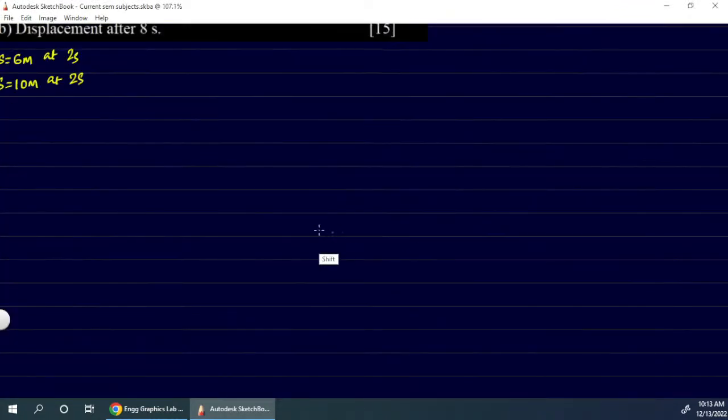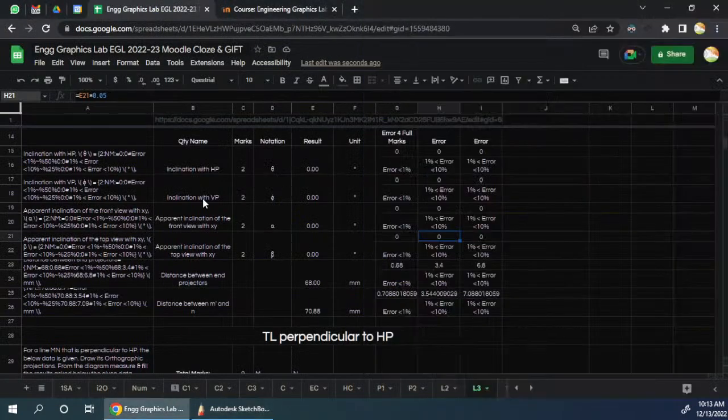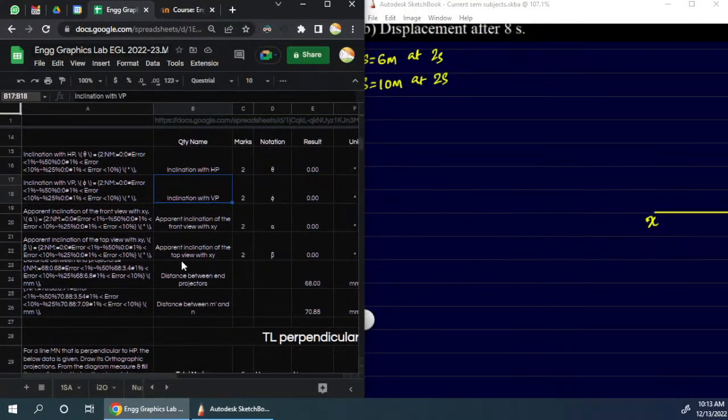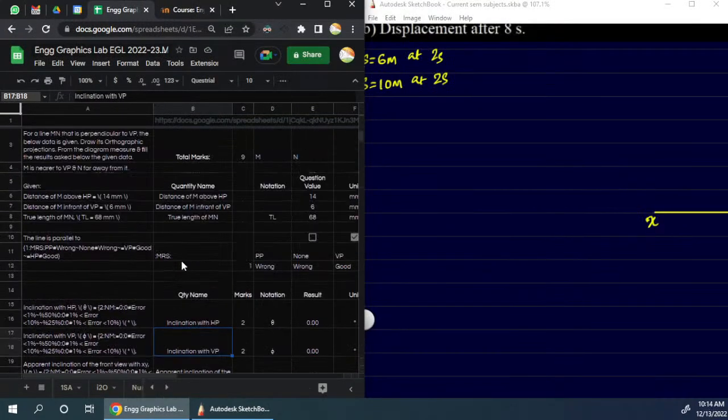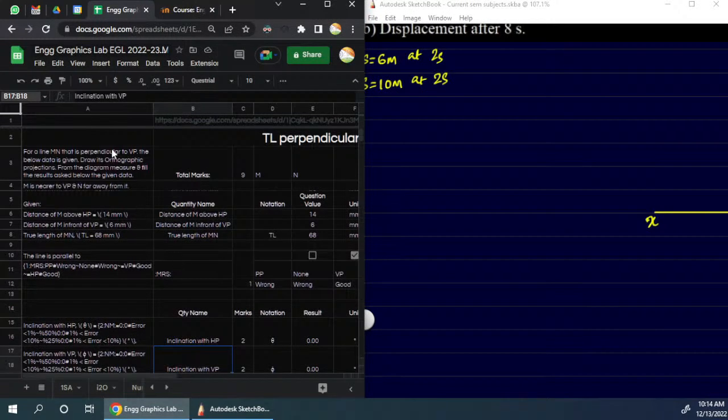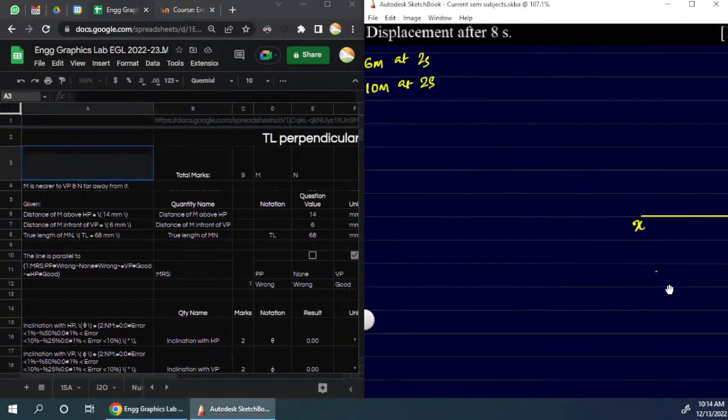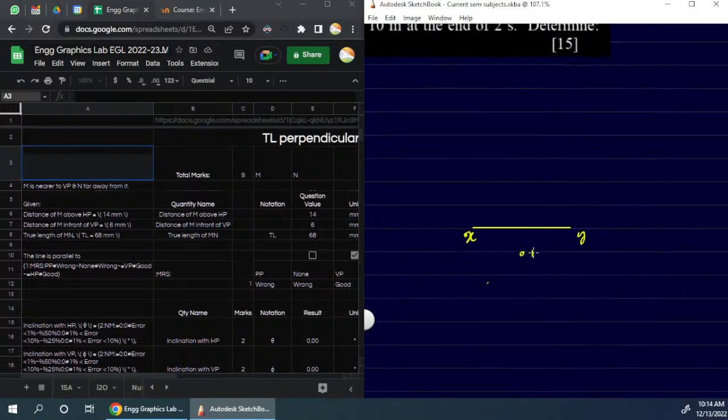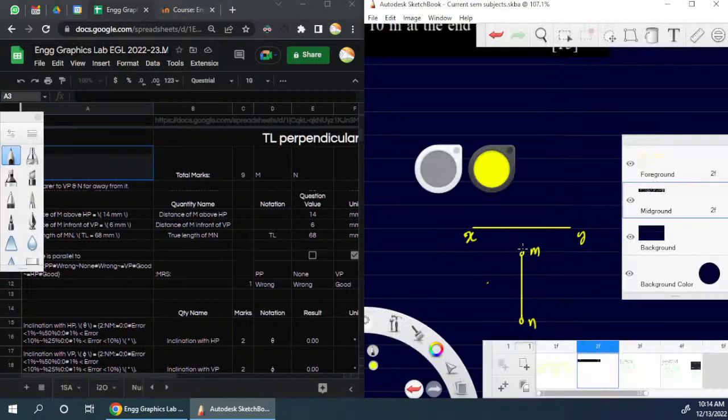Let's say we have this line as the xy line, and we have M nearer to VP, and then N is going to be far away from it. So it's going to be like this.